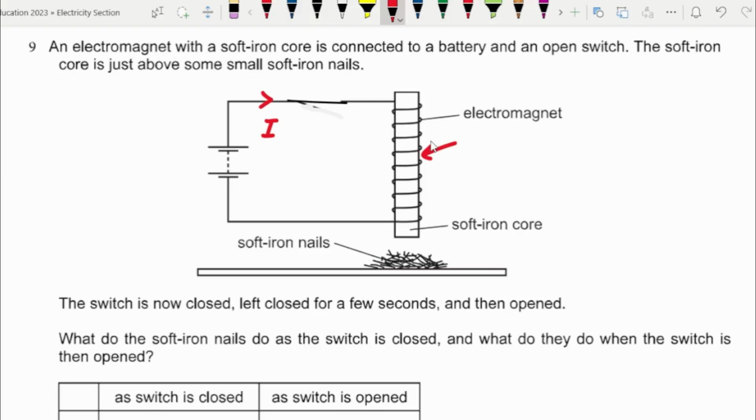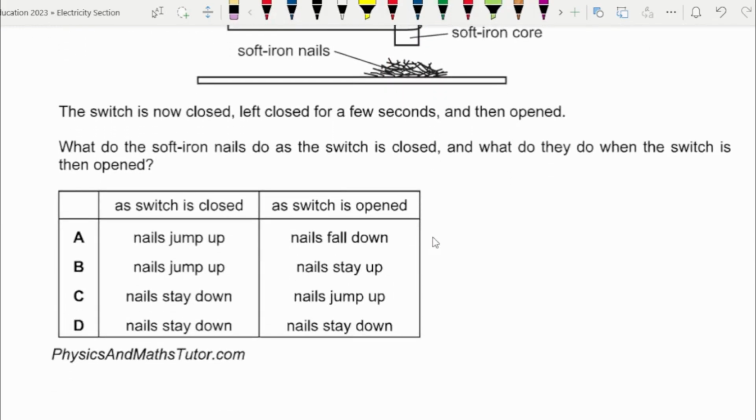They would jump upwards towards the magnet. So the nails would jump up. So it can't be the option C or D.